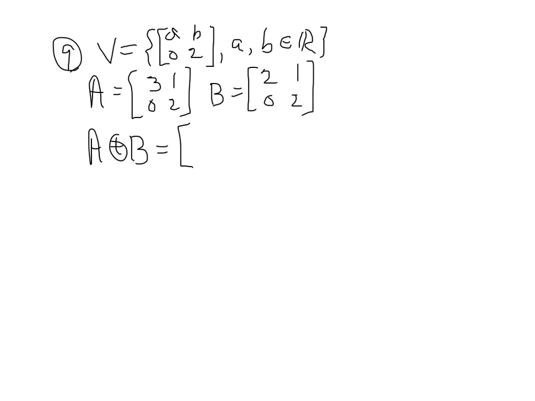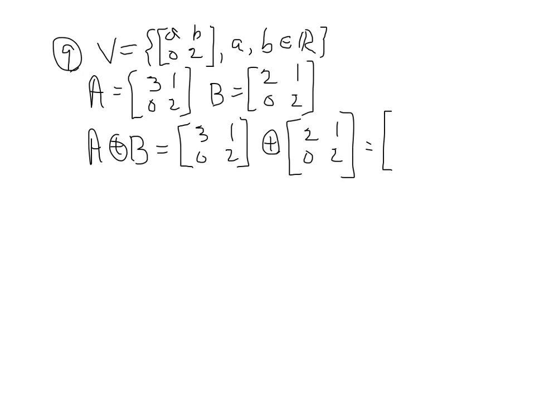we get the two matrices, 3, 1, 0, 2. So we get our sum. 5 and 2 are any real numbers, A and B. 0 is 0, but we're supposed to get a 2 in the 2, 2 position.